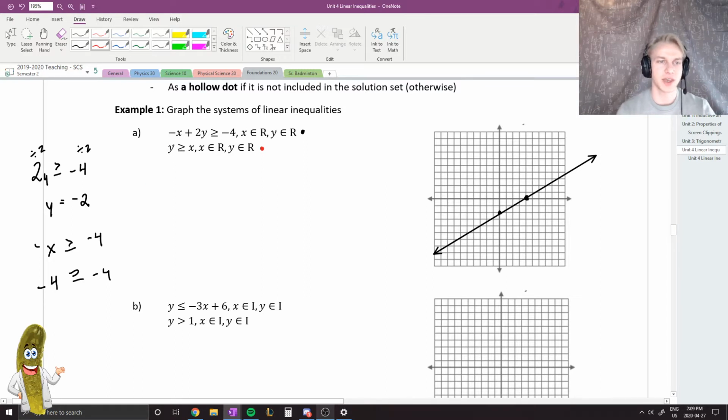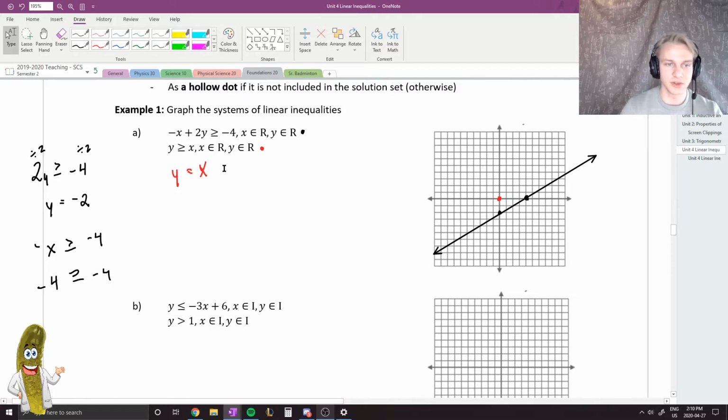And this equation says that y must be greater than or equal to x. If y is equal to x, then whatever y is, x must also be. So that tells me that in terms of the intercept, it's going to go through the point 0, 0. I also know it'll go through the points 1, 1, 2, 2, 3, 3.